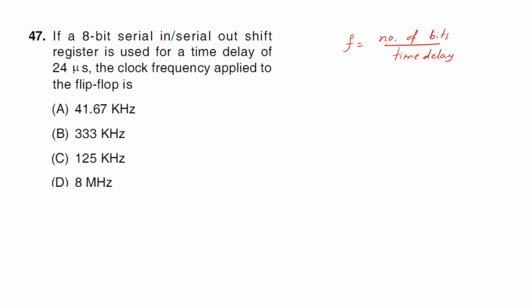Here it is mentioned that it is an 8-bit serial in serial out shift register. Therefore number of bits is 8 divided by time delay, 24 microseconds. Therefore 8 by 24 is 1 by 3 into 10 raised to 6, which gives 333 kilohertz. Option B is correct.